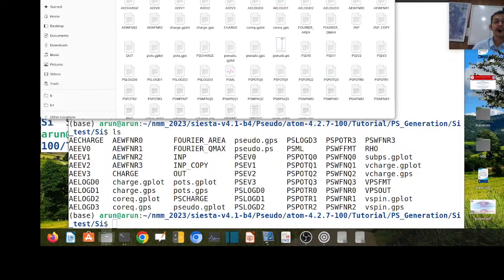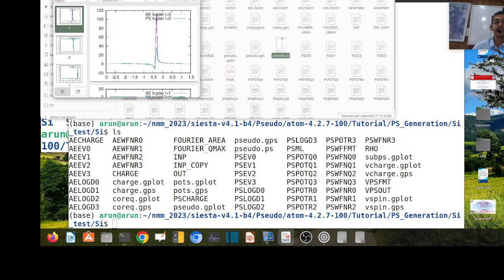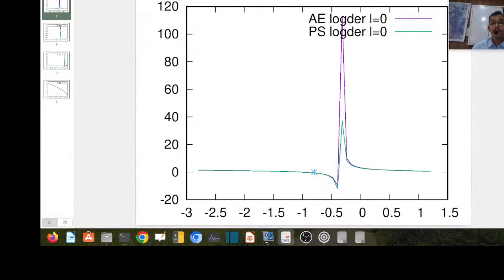So I go inside it. Let me talk about it. Yeah, this is the sudo.ps file.